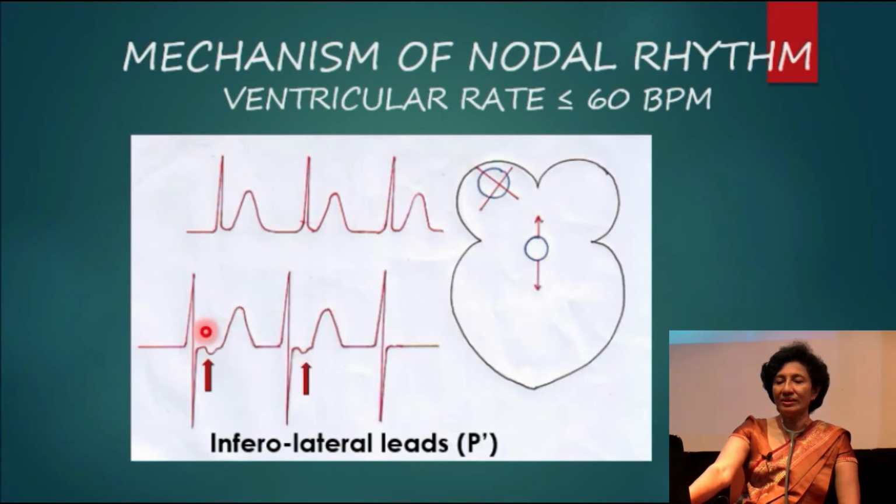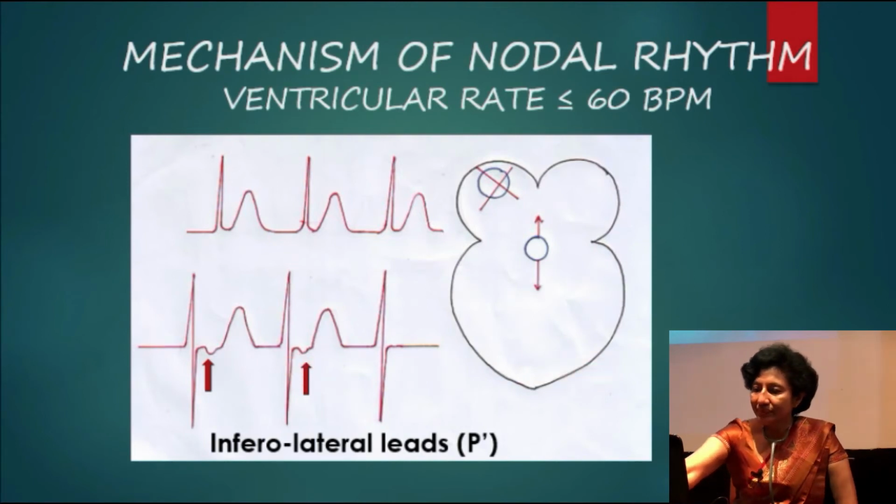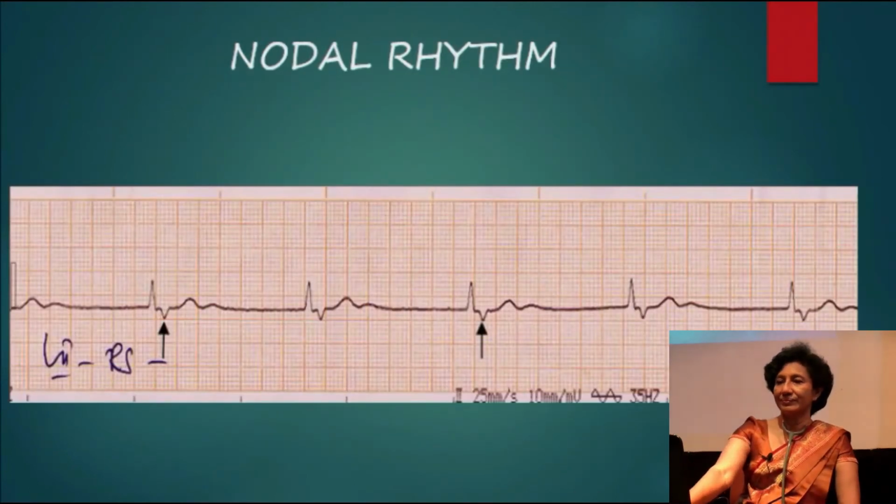So if you see a regular bradyarrhythmia with narrow QRS complexes with retrograde P waves like this, you can make the diagnosis of nodal bradycardia. Now this rhythm strip, lead 2 rhythm strip, shows nodal bradycardia with retrograde P waves, you see, on the ST segment.